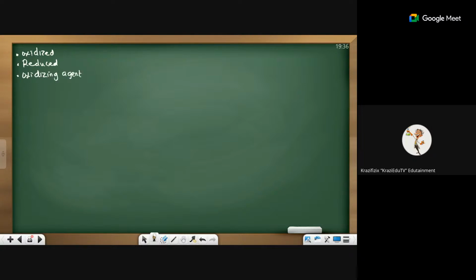We are going to identify the reducing agent. We are going to write what you call oxidation half equations. We are going to write what you call reduction half equation.